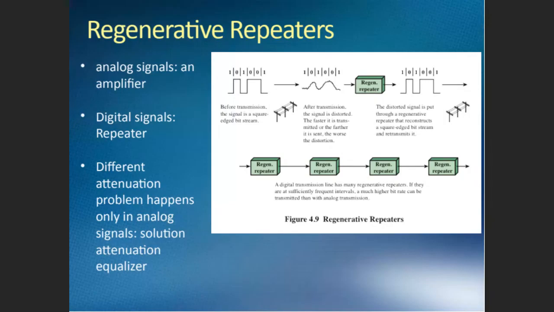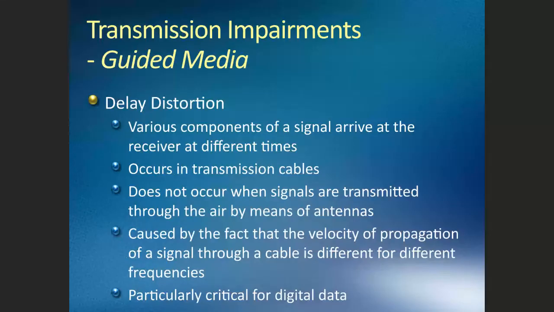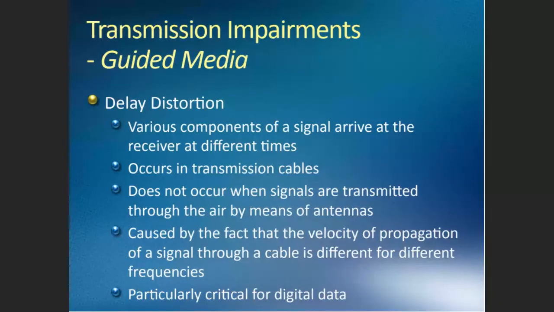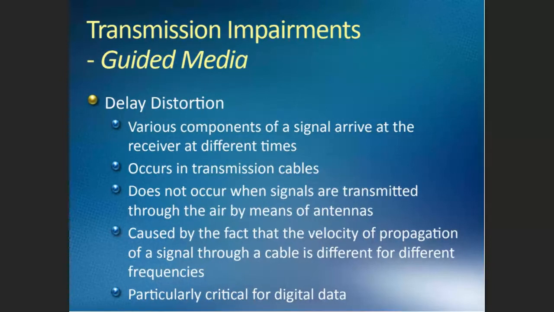It cannot distinguish between the noise and the signal, so everything is amplified. It will amplify, so it will travel further. Amplifier for analog, repeater for digital transmission.